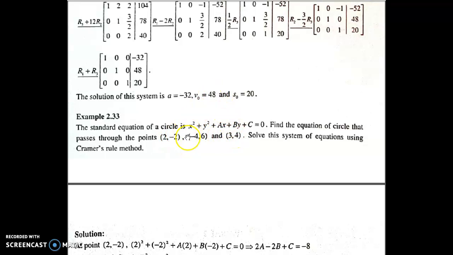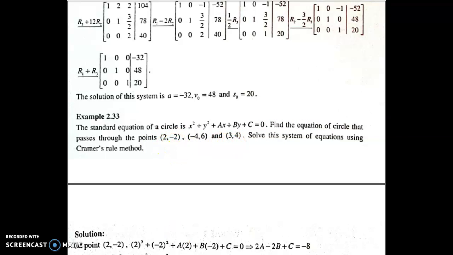Basically they want us to find a circle. They don't know the equation yet, but they know that the circle passes through these 3 points. So by referring to this general form, later we will be able to generate an equation specifically for the circle that passes through these points.